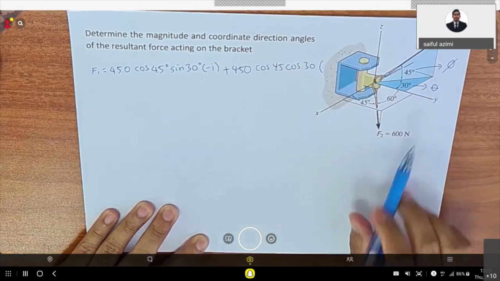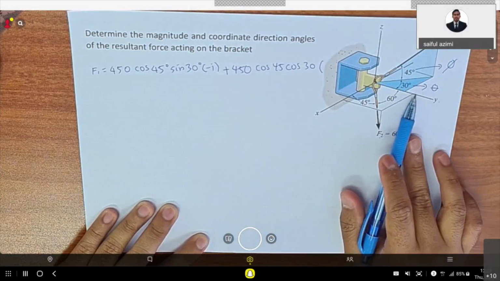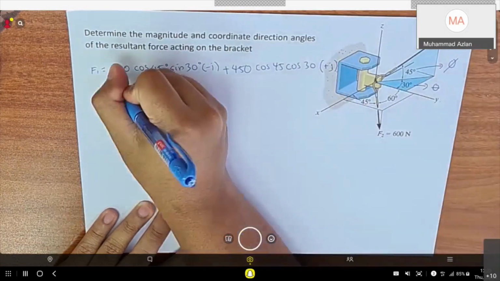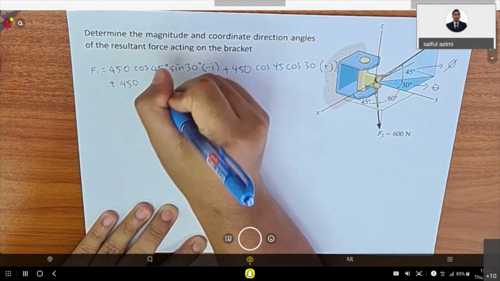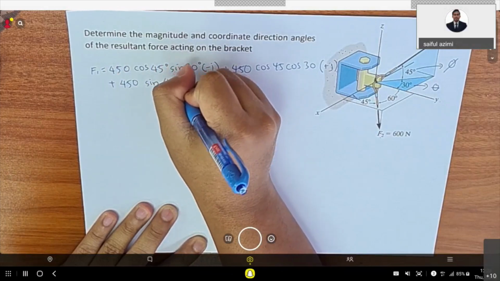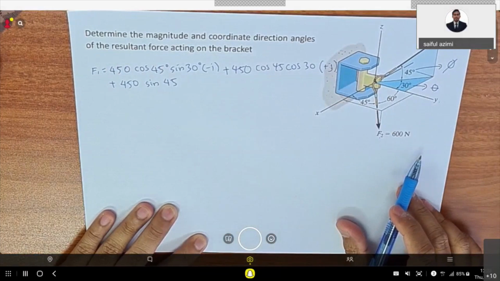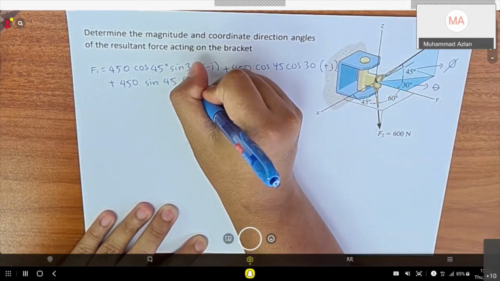What is the direction of j, positive or negative? Positive. So positive j. Plus 450 sine 45. What is the direction of k, positive or negative? Positive as well, sir. All right, so you have positive k.